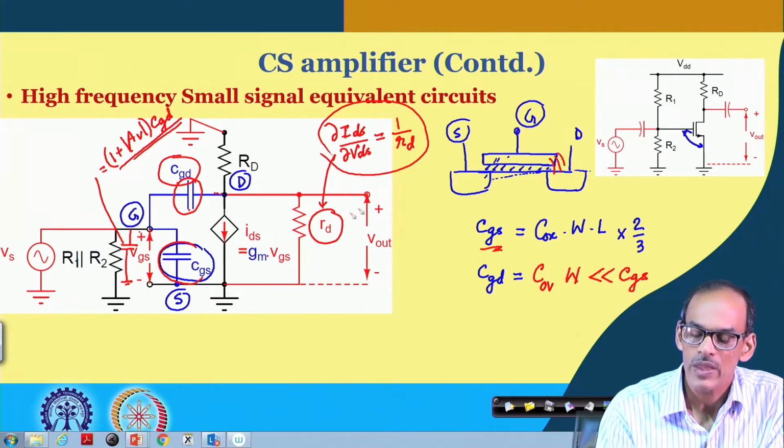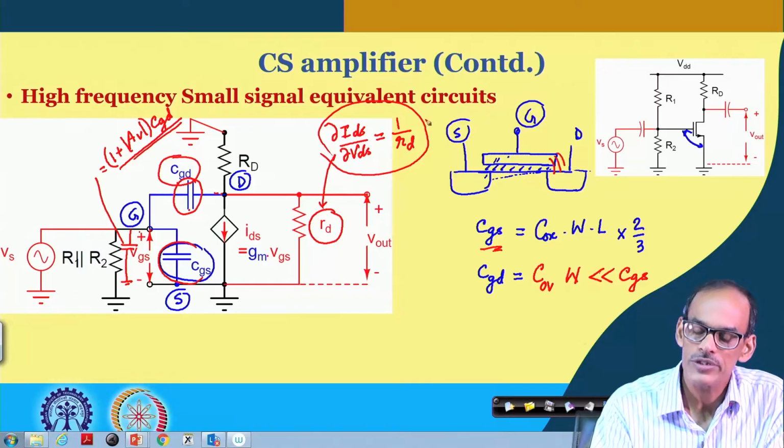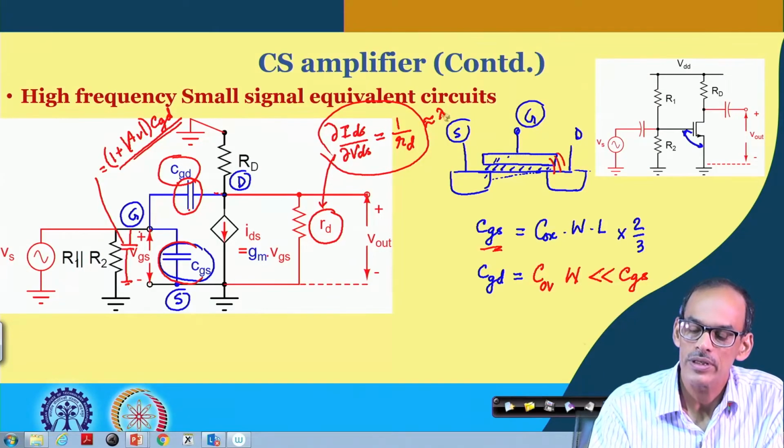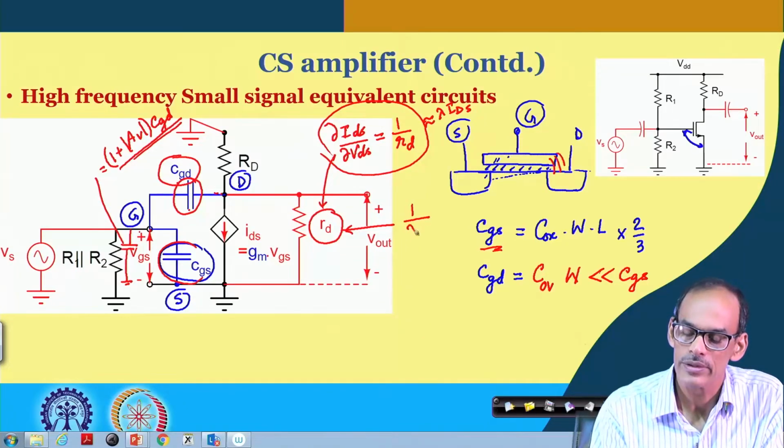And the expression here is approximately equal to lambda into IDS. So, that gives us RO equal to 1 by lambda into IDS.